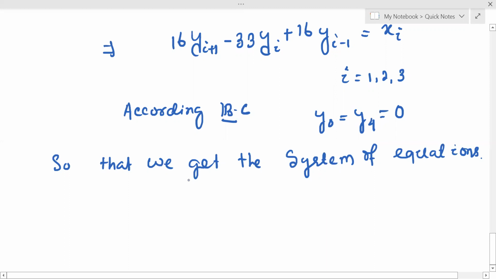Just put i equal to 1. Then 16 y2 minus 33 y1 plus 16 y0 is equal to x1, and that is equal to 1 by 4. The first equation is reduced here.